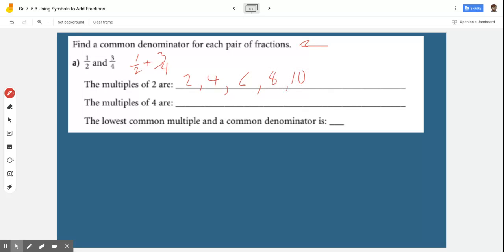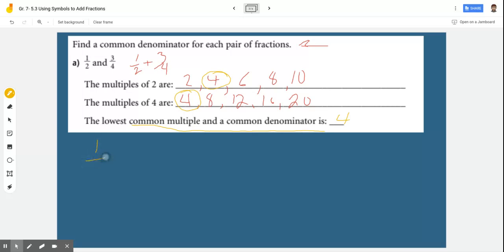And I would list all the multiples of 4: 4, 8, 12, 16, 20. In my list of multiples, I'm going to notice that 4 appears in both of those lists. Therefore, the lowest common multiple and denominator is 4.